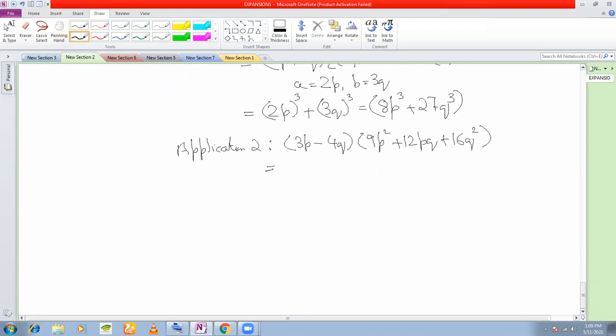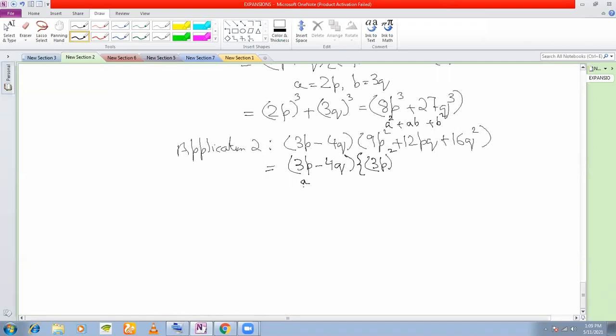So let us do this second one now in application 2. What you see here is you have 3p minus 4q. And for the second one, we'll check whether we can bring it to the a square plus ab plus b square form or not. If you consider this as our a, we'll write a square here.